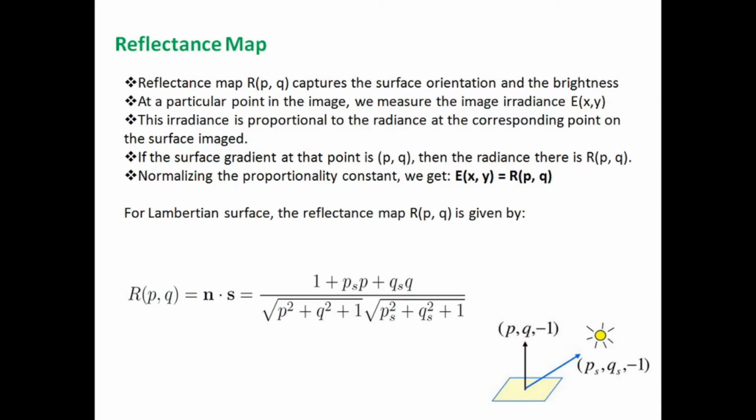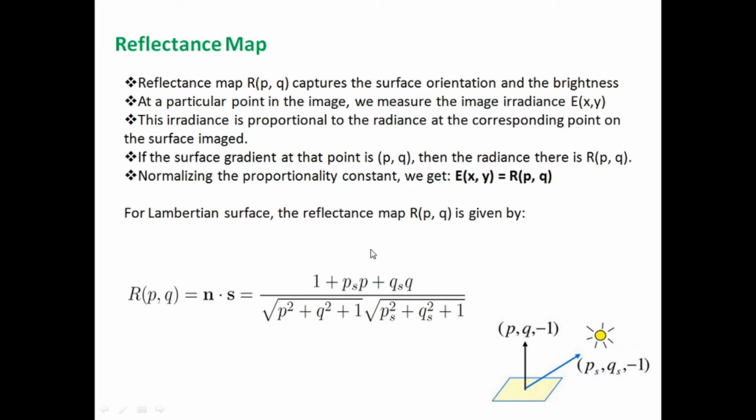Now with the help of the surface orientation, we have found the surface vectors which carry the information about the gradient values, that are P and Q. Once we know the values of P and Q, which are the gradient values, the dependency of the surface radiance is proportional to the local surface orientation, which is expressed in terms of gradient space.